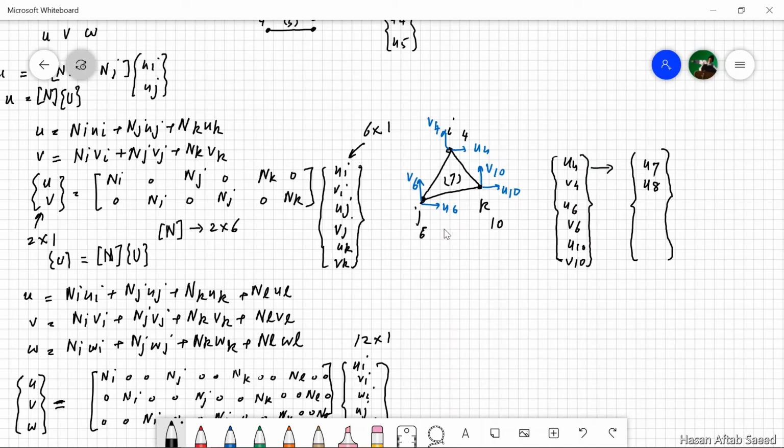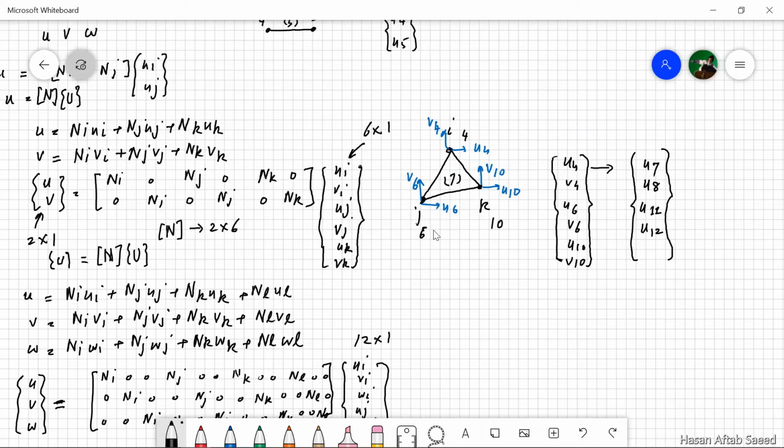When it comes to node number 6 here, according to the old notation, U6, V6, very simple. But according to the new notation, node number 6, 5 nodes are already gone, accounting for 10 degrees of freedom. So node 6 available degrees of freedom are 11 and 12. So this is U11 and U12.